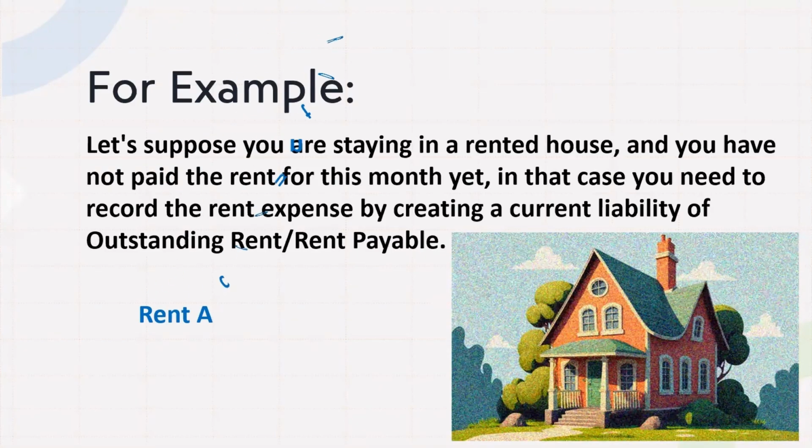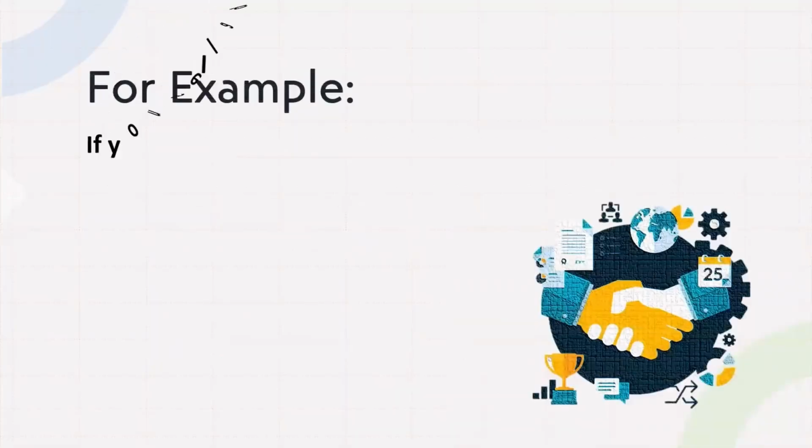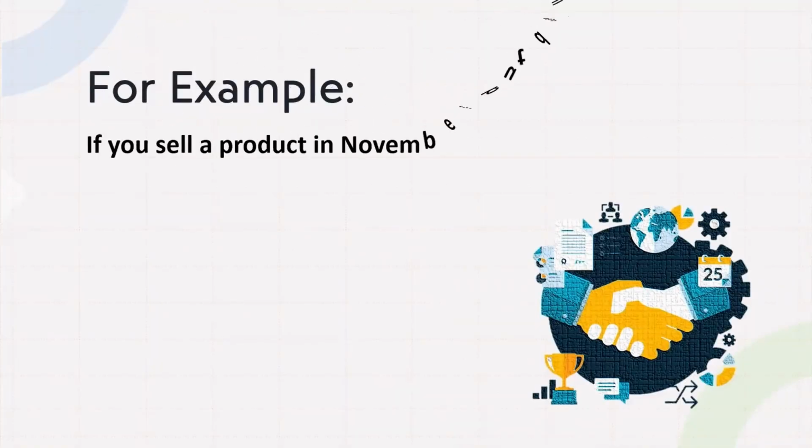Your journal entry will be rent expense account debit to rent payable account or outstanding rent account, whatever you want to use. So you will debit the rent expense account and create an outstanding or payable liability, which is going to be your current liability.